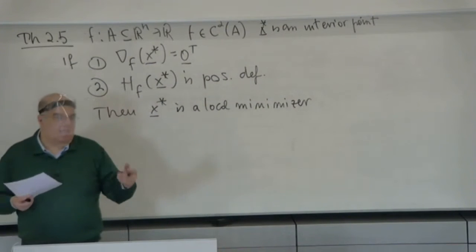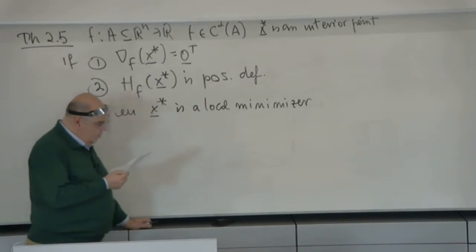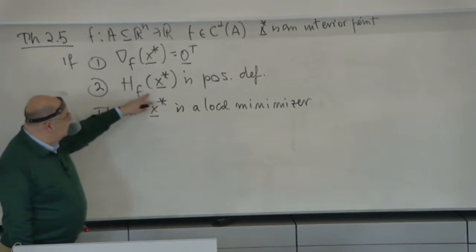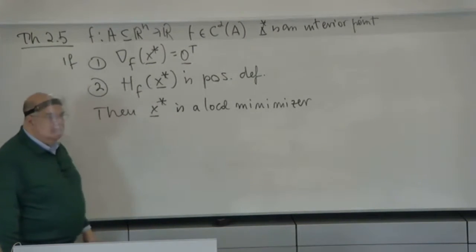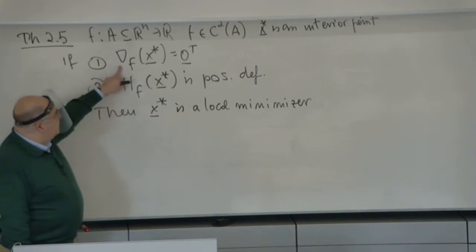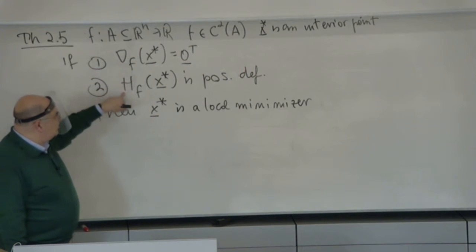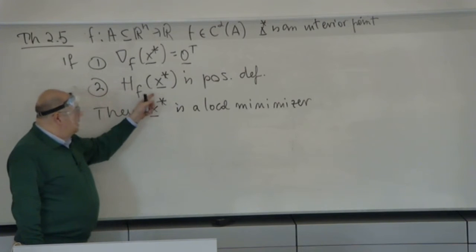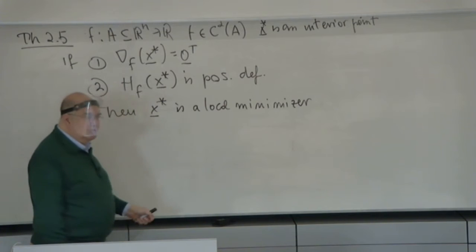And again, the proof goes in the same way. If you stay sufficiently close, then you use the statement about the positive definiteness of the Hessian. This makes the first degree term disappear, so you're left with the second degree term, d transpose times the Hessian times d. If you stay sufficiently close in a neighborhood of X star, then whatever the direction you choose, this gives a positive contribution to the function.